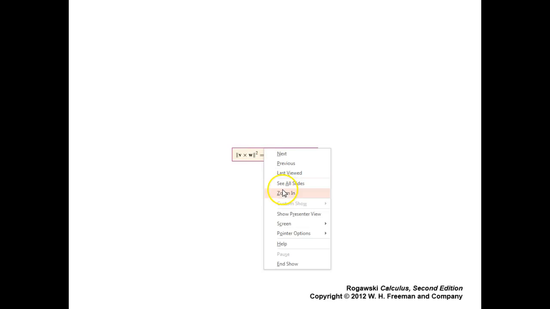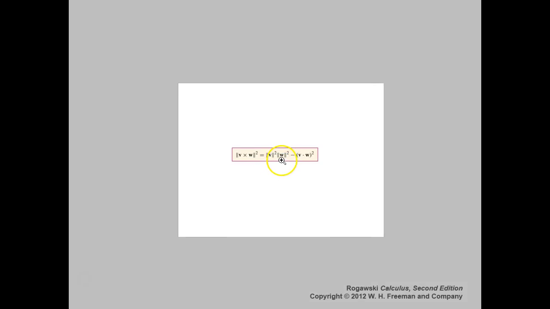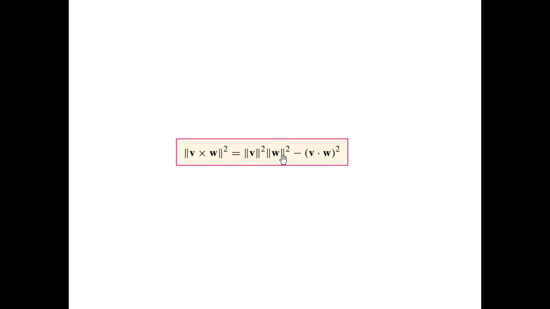This is something new. Well, no, not really. This was part of the proofs we did before. Maybe we didn't quite get this far, but that is part of this. The magnitude of the cross product of this squared is the magnitude of the first squared times the magnitude of the second squared minus the dot product of those two squared.